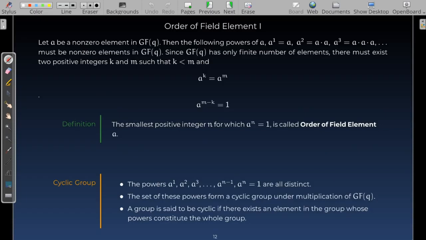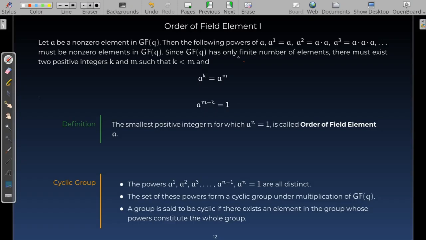Now let's consider the order of a field element a. Let's say that we have a non-zero element a in the Galois field, and when we take a power of a, we are actually multiplying a with a, right?